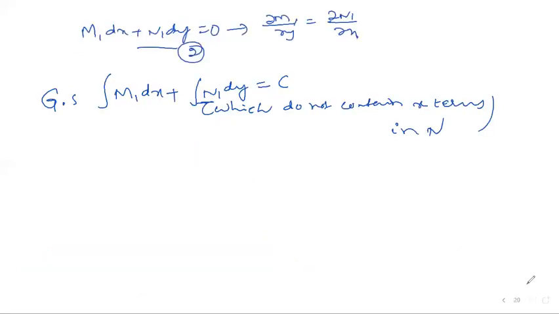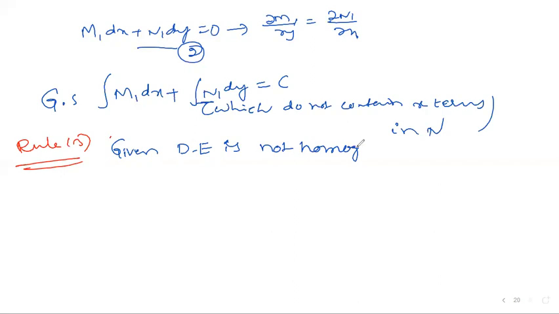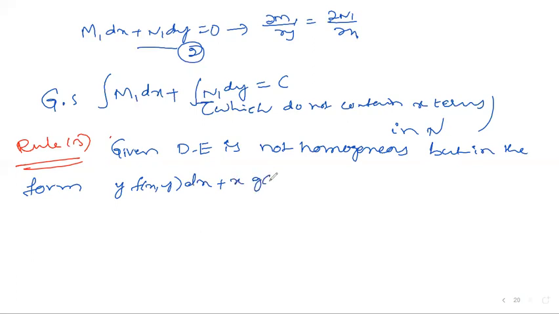This is rule 3. The given differential equation is not homogeneous, but is in the form y f of x comma y dx plus x g of x comma y dy is equal to 0.